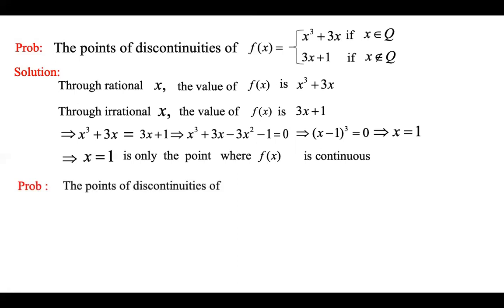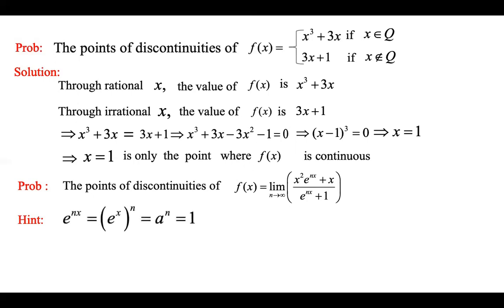Then you see the function, again the points of discontinuities of f of x is equal to limit as n tends to infinity of x square e power nx plus x by e power nx plus 1. This again can be converted into our concept form. Again e power nx is going to play the role of a power n now. e power nx can be written as e power x whole to the power n, which is same as a power n.